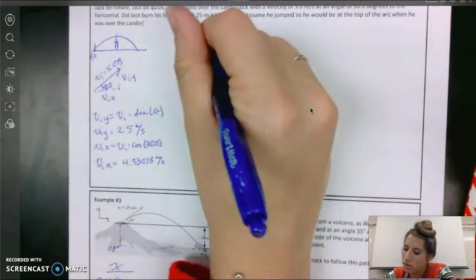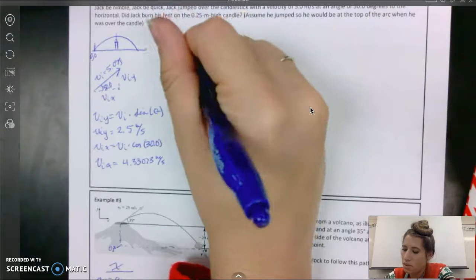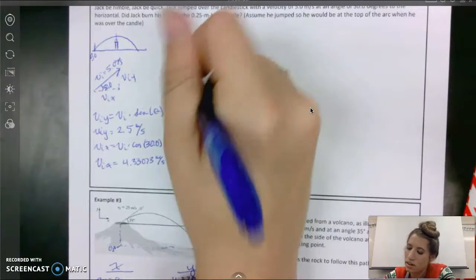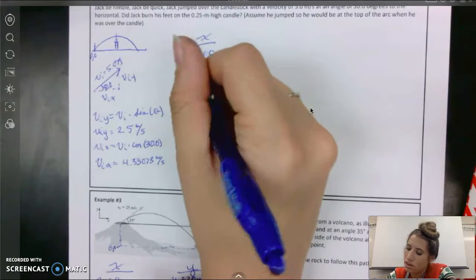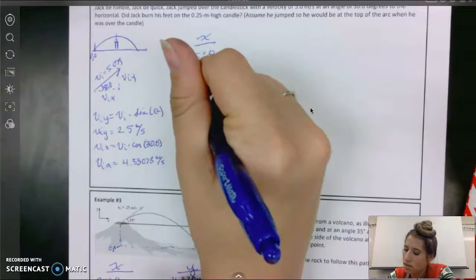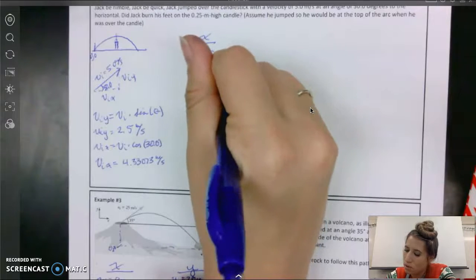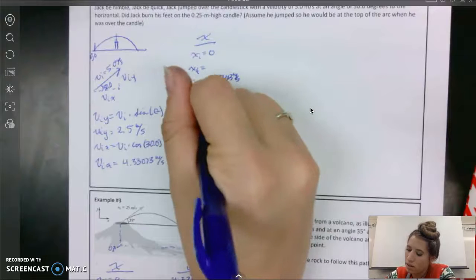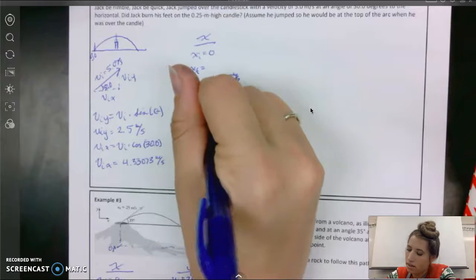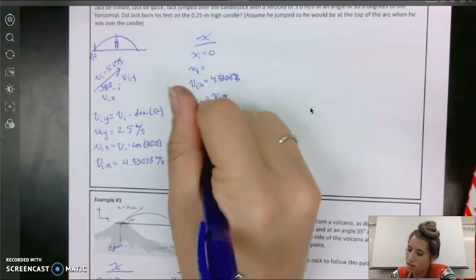So we have x components and y components. X initial would be 0. We don't know what x final is. And then let's see, velocity initial in the x we solved for. It's a 4.33 number. Velocity final in the x is the same because the acceleration is 0.